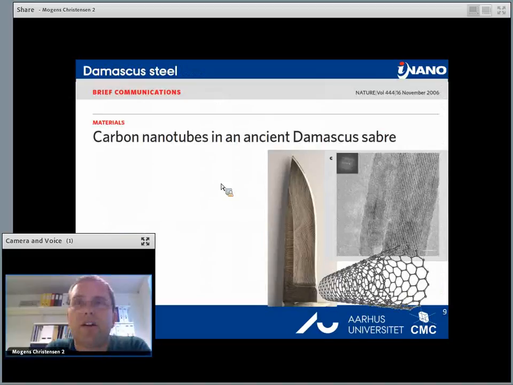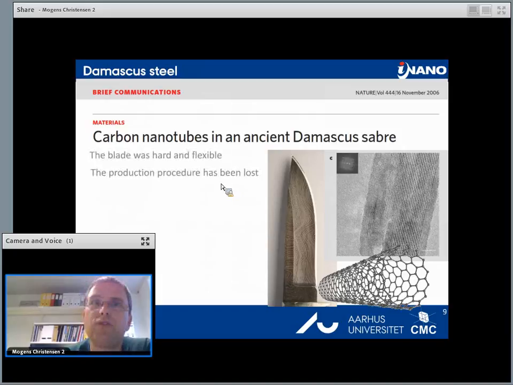So just a relatively recent interesting story was in brief communications in Nature, where they found out that there's actually carbon nanotubes in ancient Damascus blades. Now, Damascus blades were used by the Arabs when they fought the Crusaders.